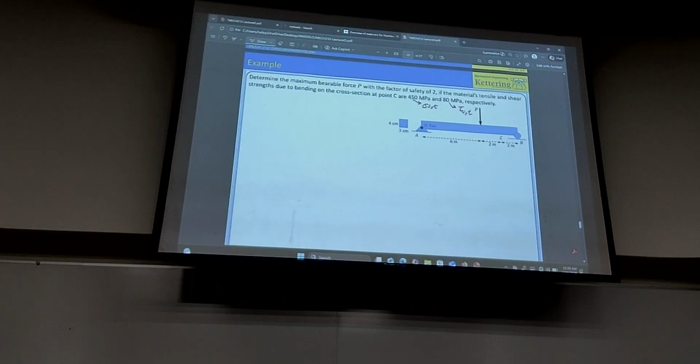When it's asking either this or that, the procedure is the same. Whether it asks you for maximum force, maximum load, or minimum dimension, how do you solve it? Kiro. You would take the maximum force and then divide it by the factor of safety to see the most allowable amount of force.